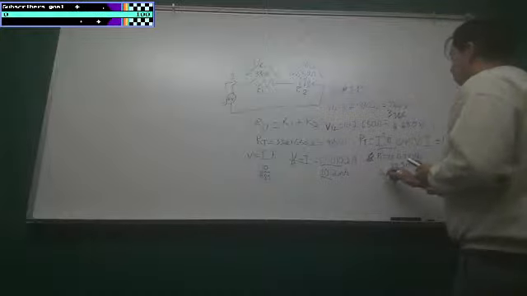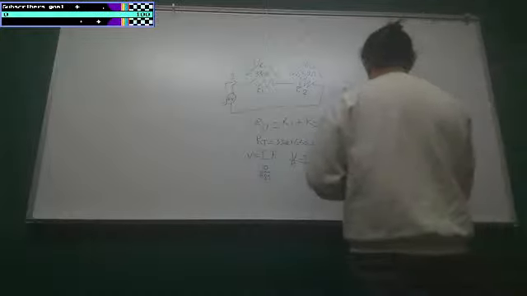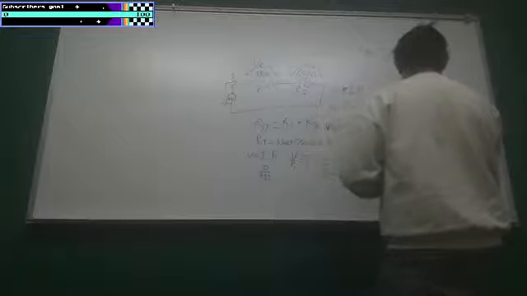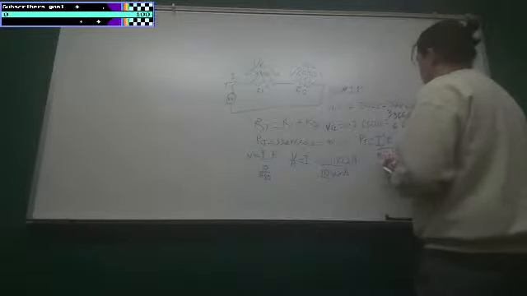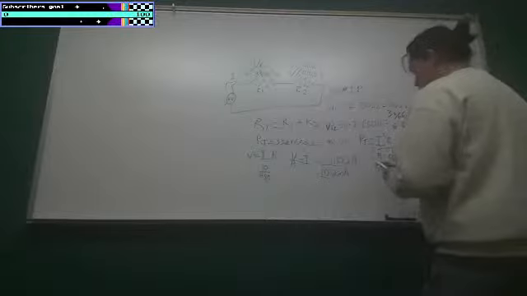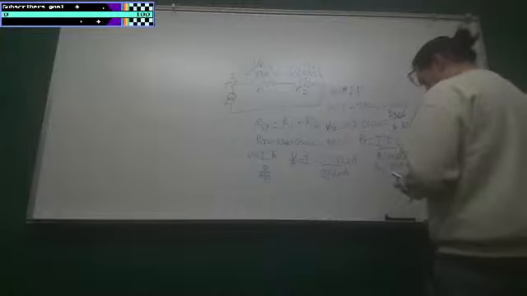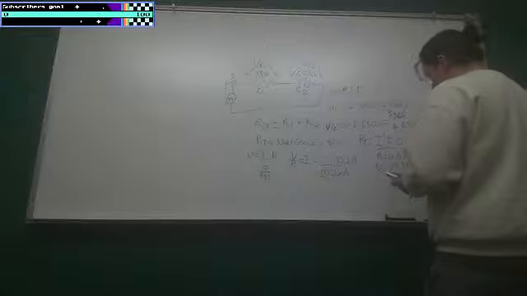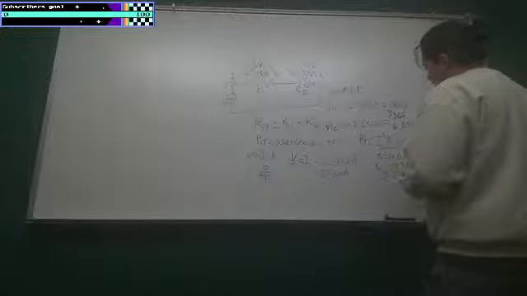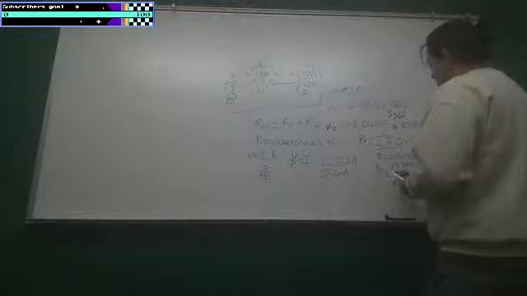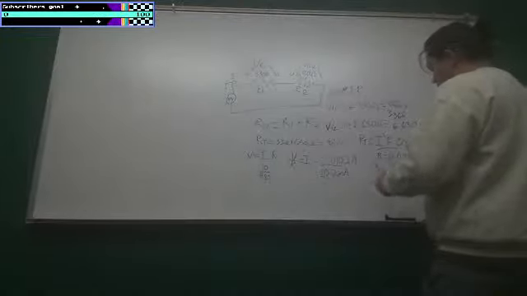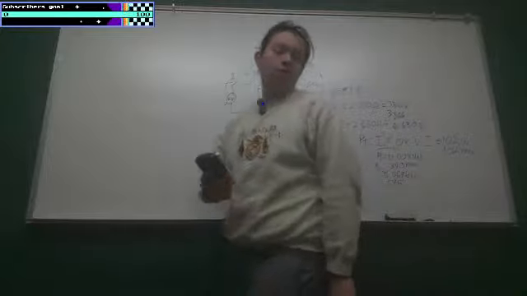And for P2, god damn. Holy moly. Now for P2, it's going to be 0.0676, which is just going to be turning into 67.6. All right.